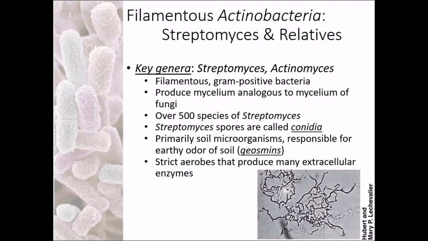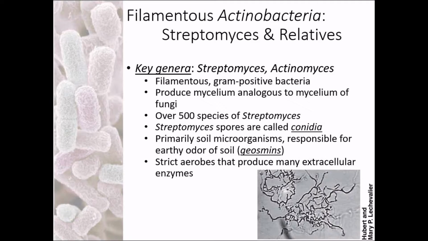Most of these organisms are soil organisms, and that fresh earthy smell that we get during the first raindrops or during the water wetting of soil is because of geosmin, that is production of a chemical from actinomycete.